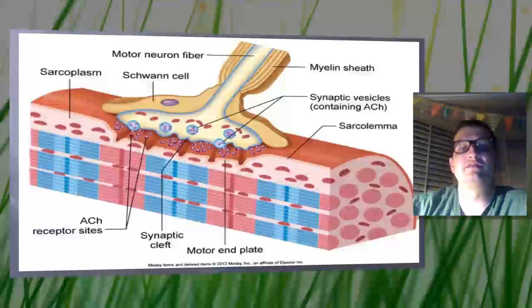So here is, again, the motor end plate, the structure on the sarcolemma that's directly adjacent to the synaptic vesicles of the nerve. This entire structure here is called a neuromuscular junction.